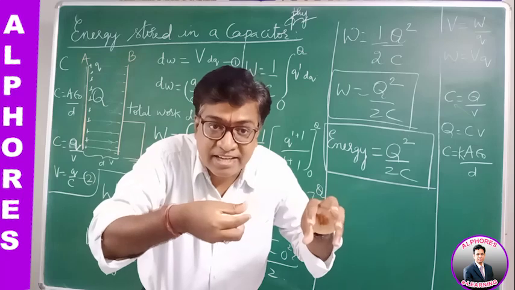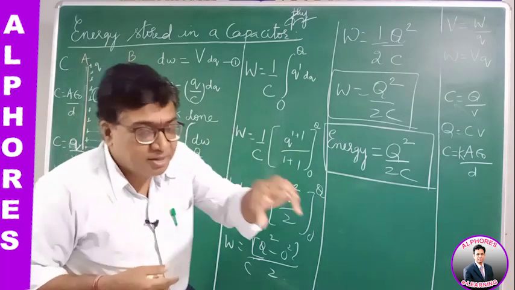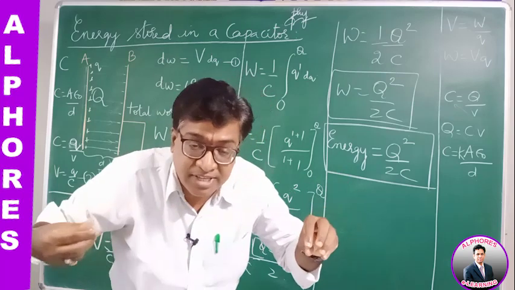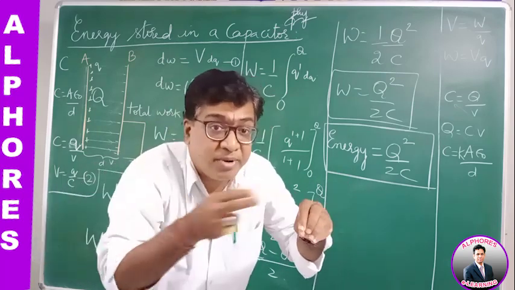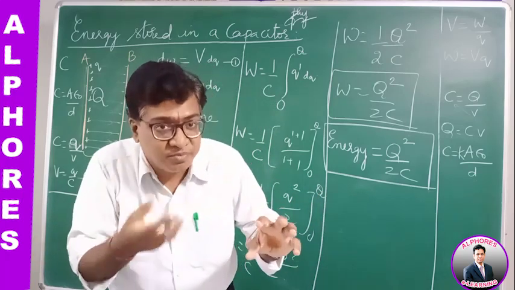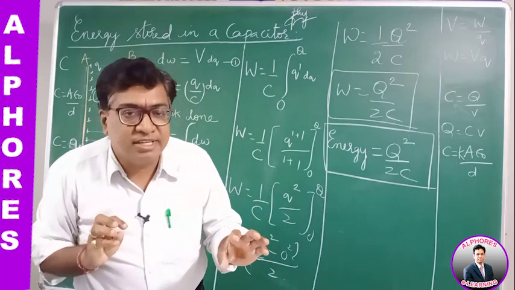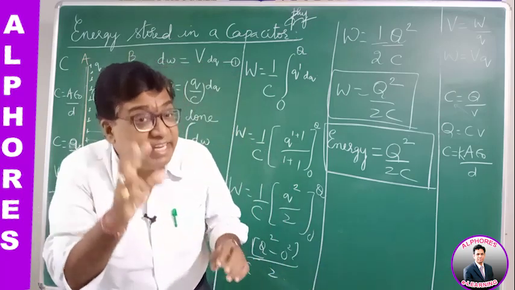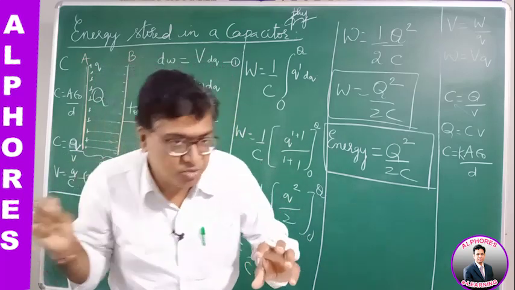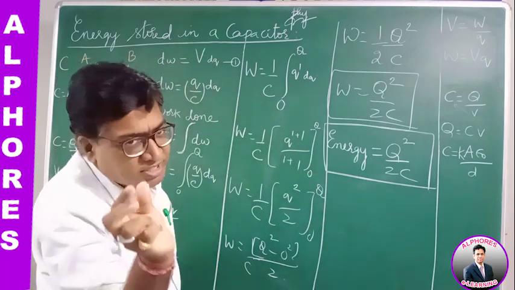The already existing positive charge doesn't allow this extra positive dq to come over, because of plus-plus repulsion. So the external agent who is charging the capacitor needs to do work to put that extra charge. I have to do some extra work to store the dq. The work done is small because the element of charge is small.